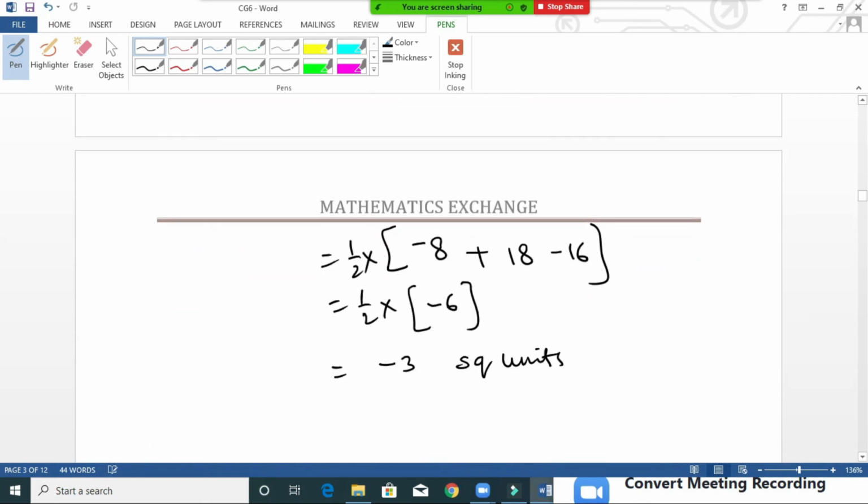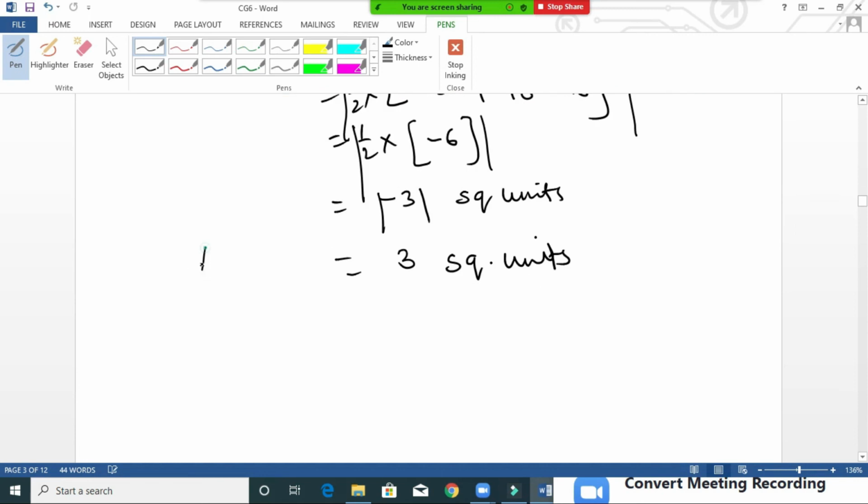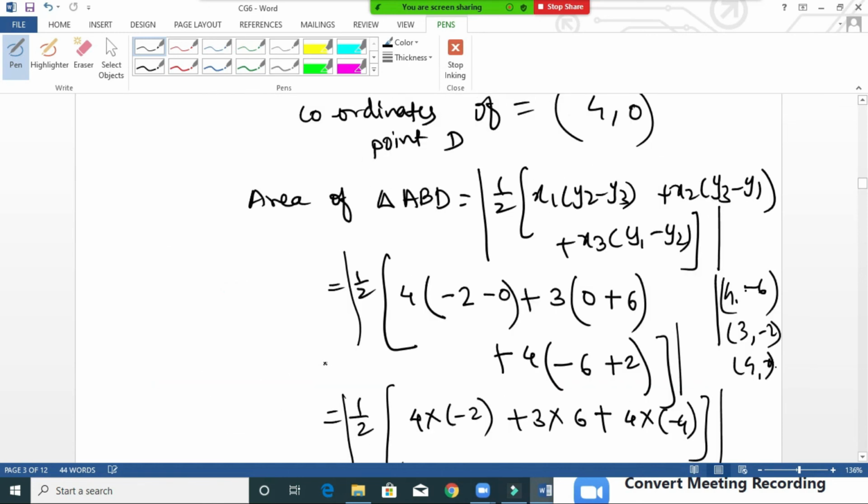We just put the modulus sign, so that the area of minus 3 becomes plus 3 square unit. So we get the area of triangle ABD, that is equal to 3 square unit.